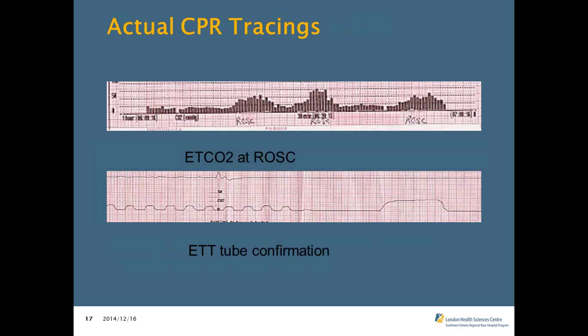This is an interesting trend. You'll notice in the top that we have an EndTidal carbon dioxide level trending. So this is over time, and you can see that we have periods of ROSC. This was just an example of a trend over time in a patient who had periods of ROSC, periods of loss of spontaneous circulation subsequently, and then each time their EndTidal CO2 went up.